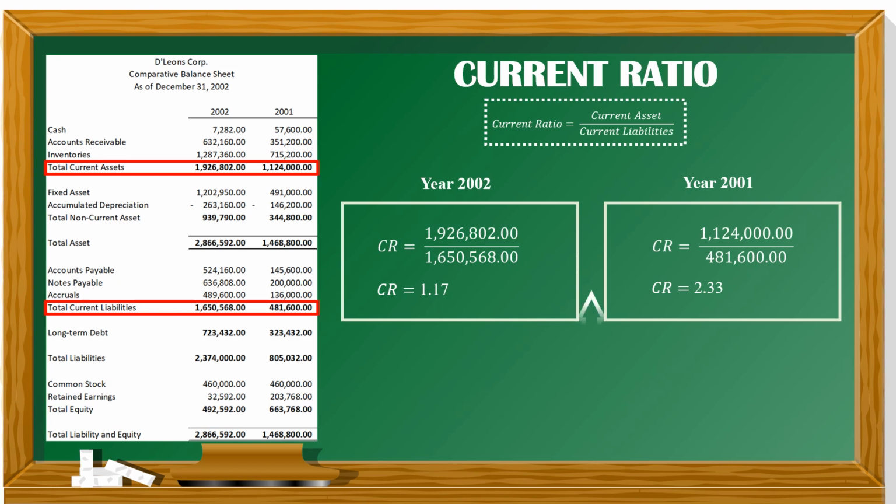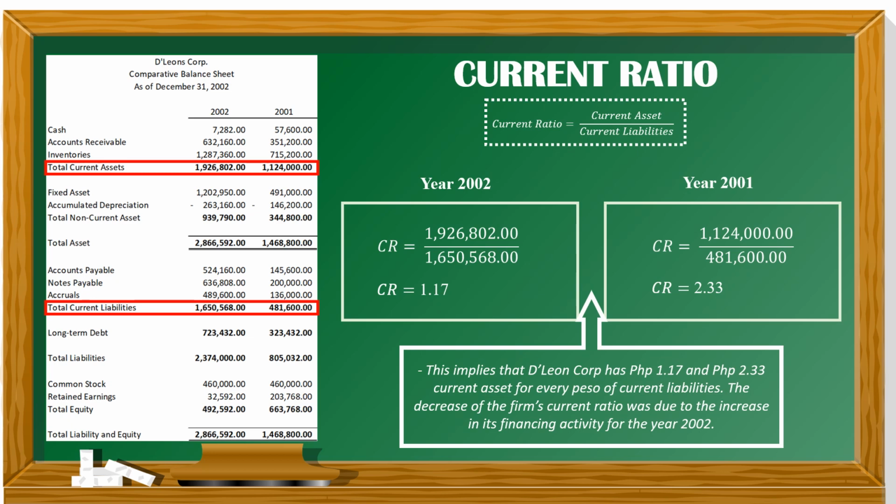Now, what does this imply? This implies that De Leon Corp has 1.17 pesos and 2.33 pesos of current assets for every peso of current liability. Meaning to say, De Leon Corp has the capability of paying off its current debt through its current assets.